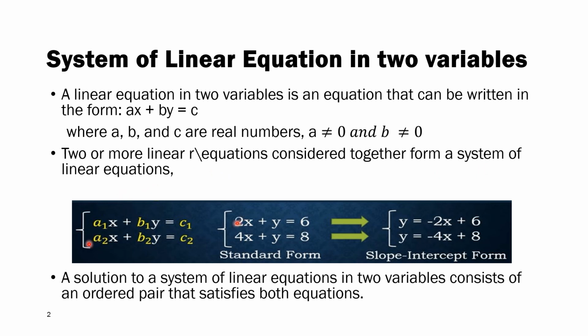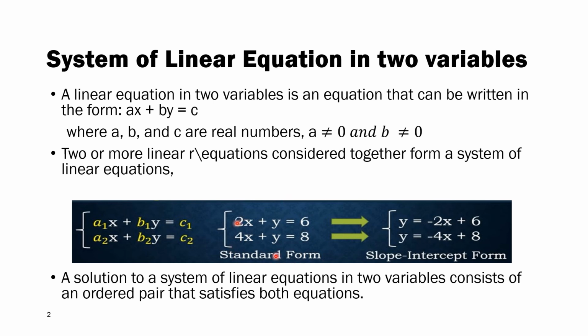So we have here a sub 1 x plus b sub 1 y equals c sub 1, and a sub 2 x plus b sub 2 y equals c sub 2. In standard form, for example, we have 2x plus y equals 6 and 4x plus y equals 8.